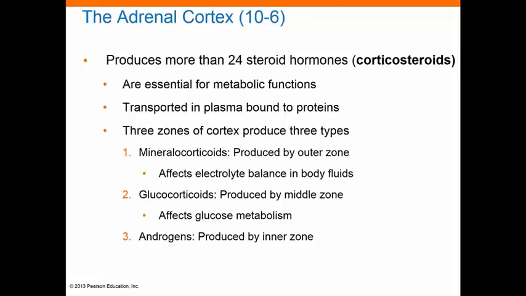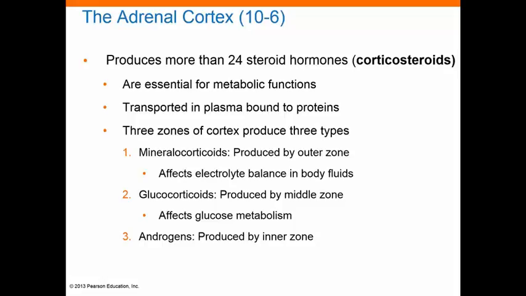Aldosterone is a major mineralocorticoid, and it's secreted in response to low plasma sodium ions, low blood pressure, high plasma potassium ions, or the presence of angiotensin II. Aldosterone triggers the reabsorption of sodium ions in the kidney, sweat glands, salivary glands, and pancreas. Secondarily, it triggers water reabsorption through osmosis.